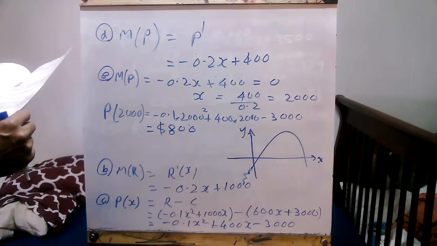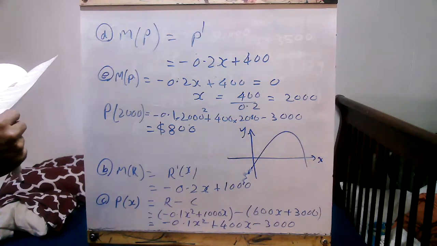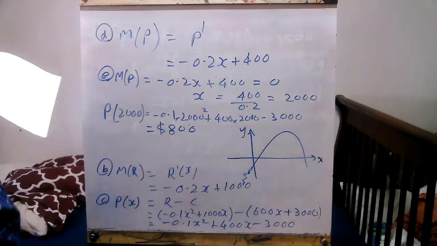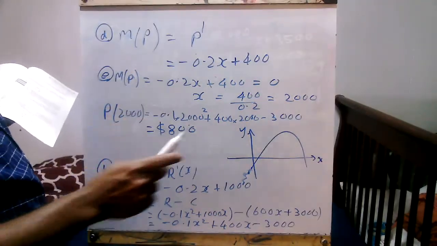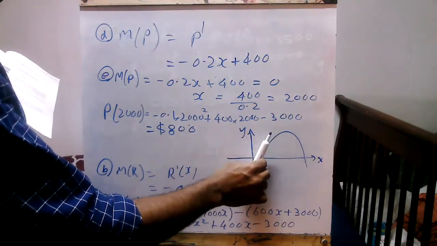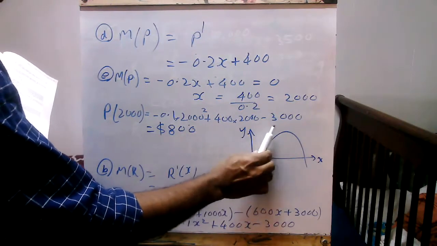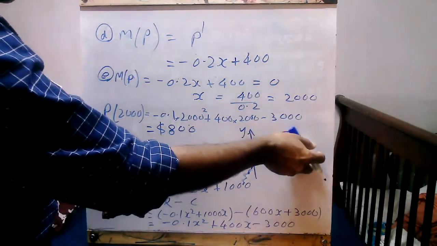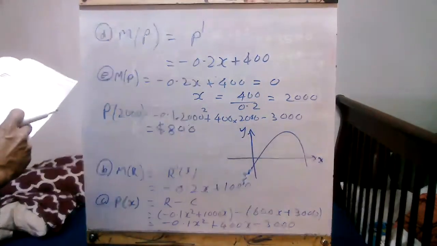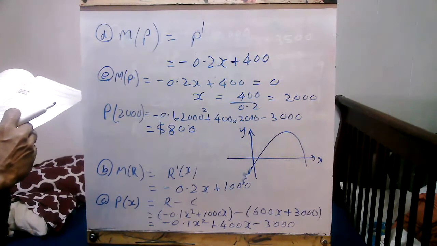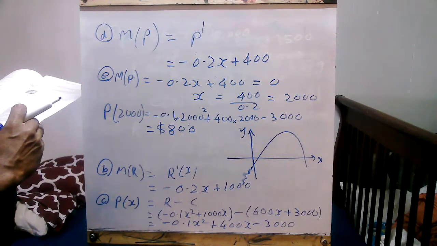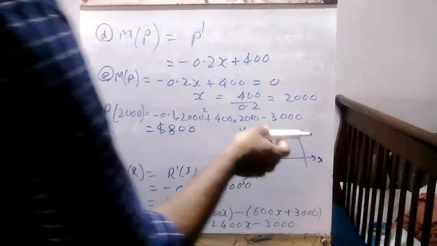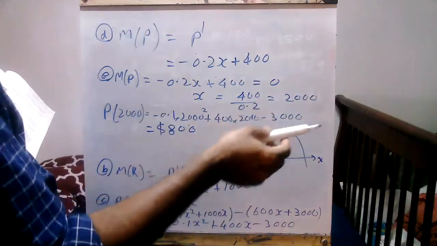Draw the tangent line when the marginal profit is 0. Marginal profit means the derivative. Derivative means the slope of the line. We discussed the slope of the line here is like this, line here, like this. Slope changes, right? What they are asking is, draw the tangent line when the marginal profit is 0, means where the slope of the tangent line equal to 0.